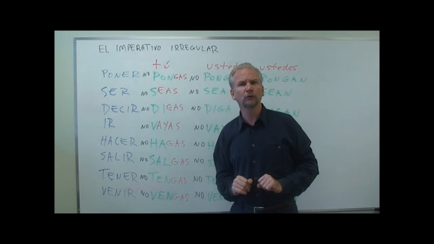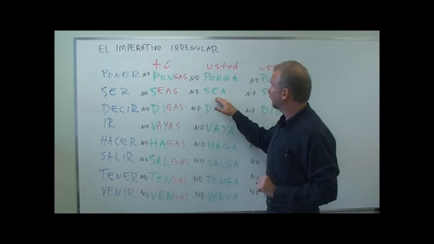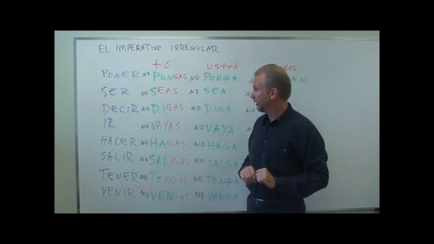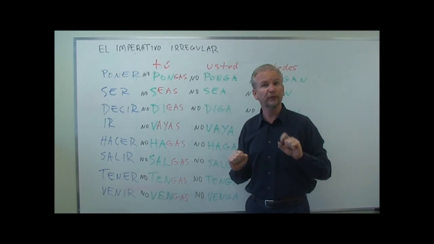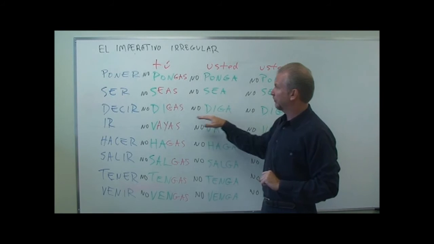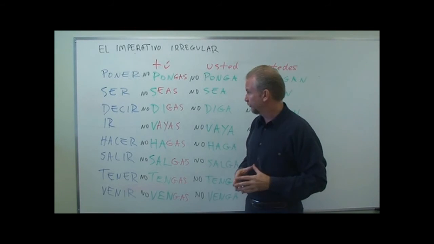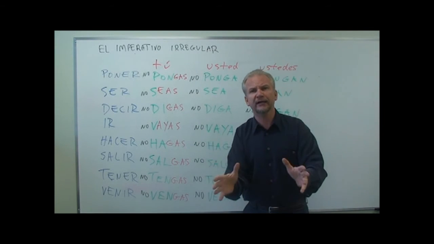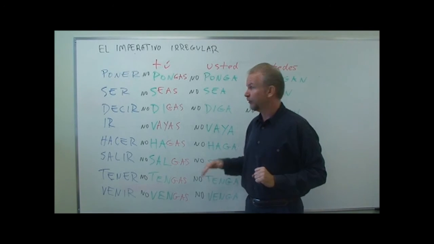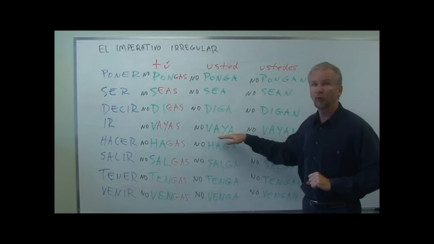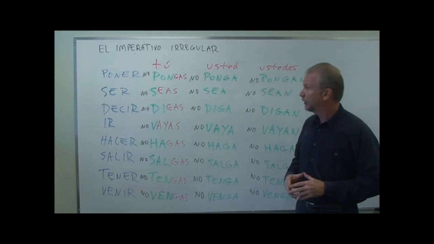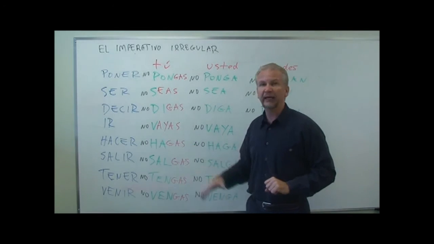No seas malo, don't be bad. Again, we take the usted form, we add the s. Don't say, no digas. With the tú form, we take the usted form, add the s. Don't go, no vayas, no vayas. Again, we take the usted and ustedes form of vaya, to go, or no vaya, don't go if it's formal. If you're talking to a friend, no vayas, don't go.